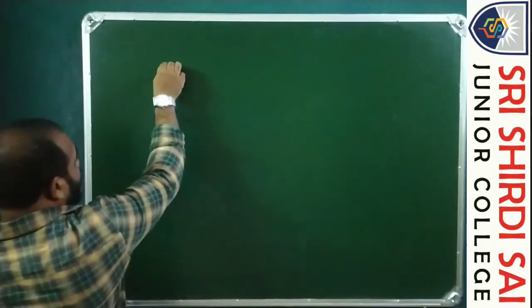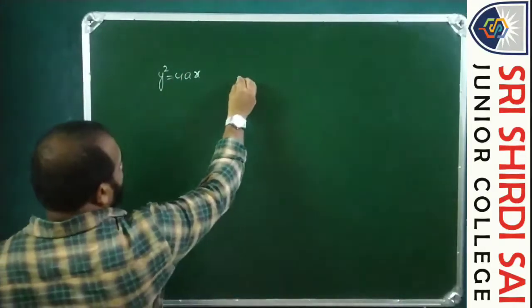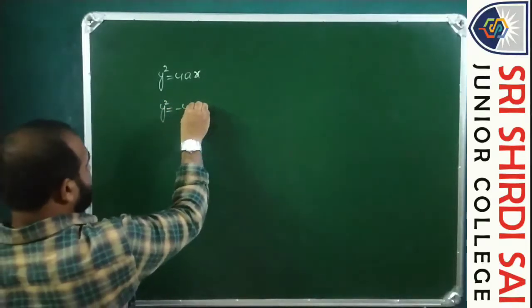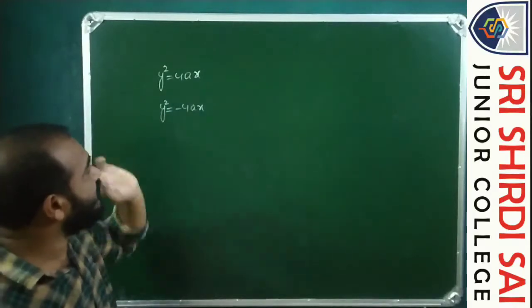y square equals 4ax or y square equals minus 4ax. These are the standard form of the parabolas whose vertex is at the origin.